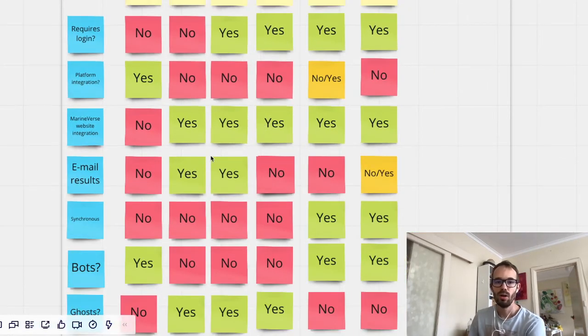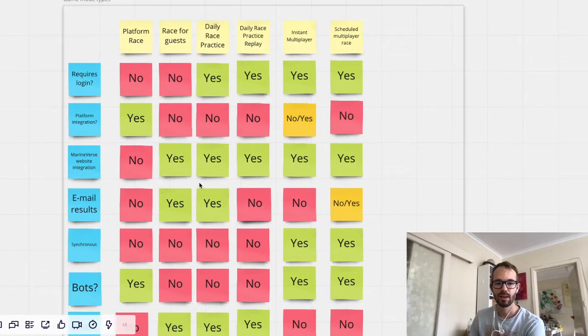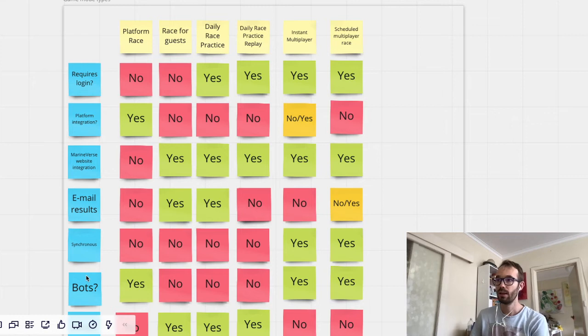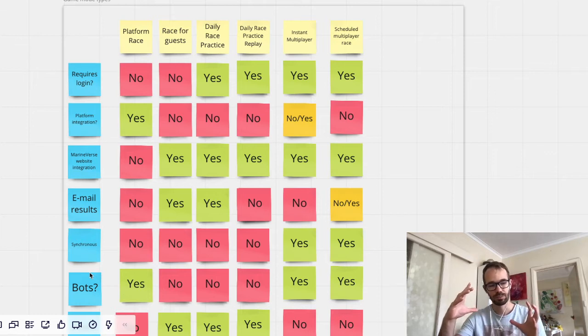All right, so we actually have bots in MarineVerse Cup. A bot is this AI, artificial intelligence driven bot that pretends to be a player, but it's actually just a software steering the boat. And what makes bots special is that you can also interact with them.